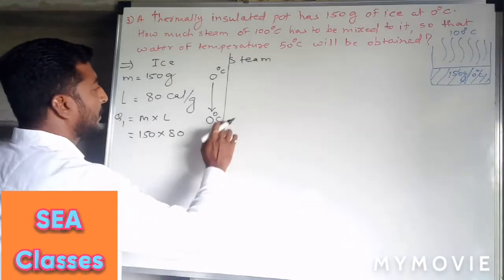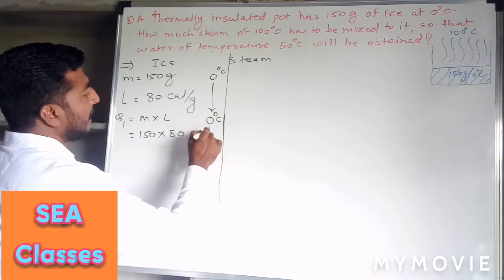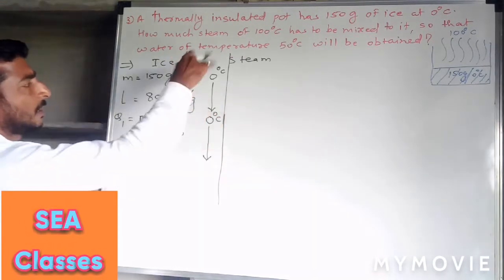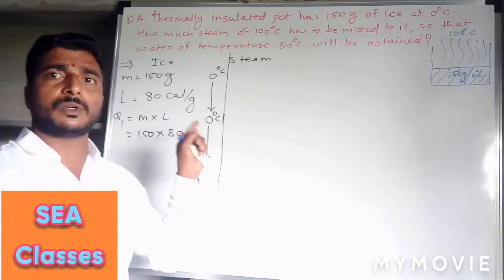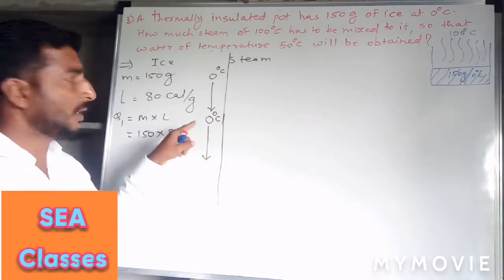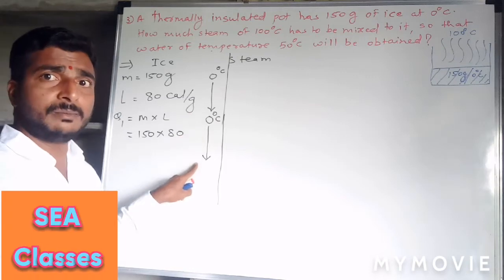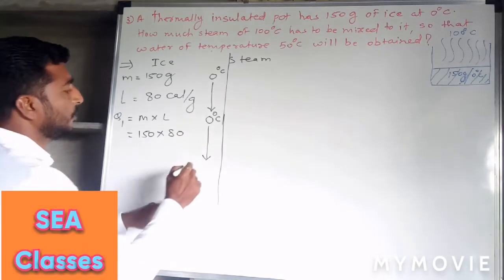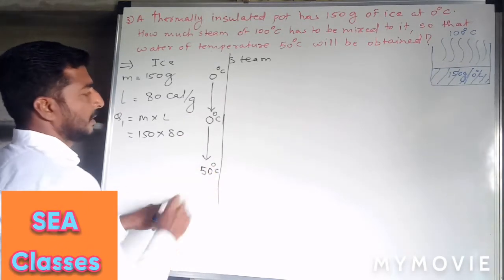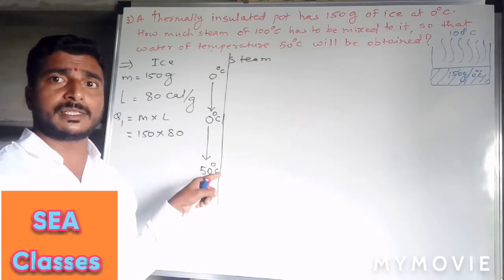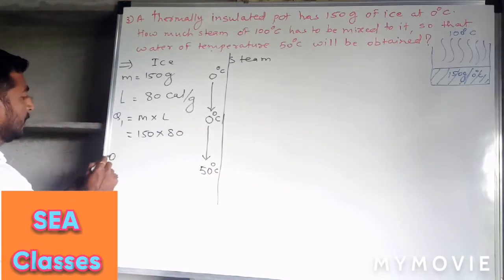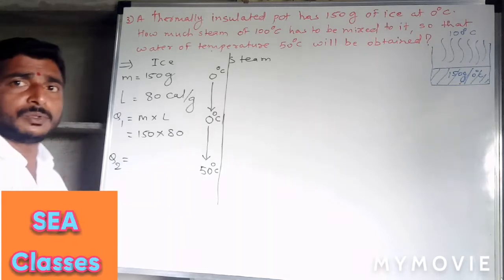Now further what will happen? When the complete ice is converted from solid form to the liquid form, the temperature will start to rise from there onwards and it will reach up to 50 degree Celsius. As the temperature is increasing, we will have Q2.